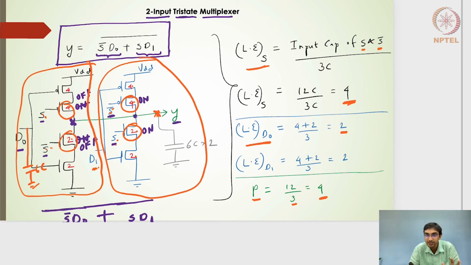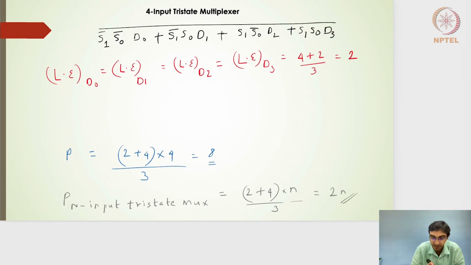That's a very conservative approach to calculate and estimate this G value for estimating the delay. So we are taking all the input capacitance of not only S, but also its complemented input. So I will have S and S bar, so it will be 12C divided by 3C, which will be nothing but 4. So hope this is clear, the logical efforts and the normalized parasitic delay for the 2-input tri-state multiplexer.